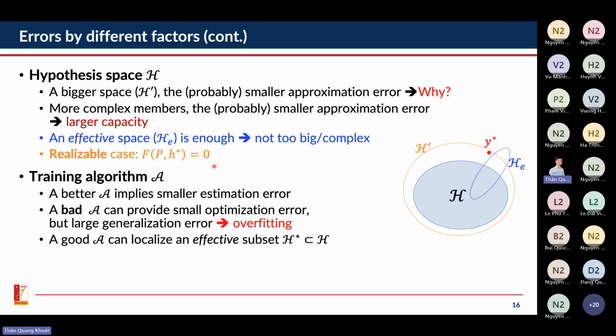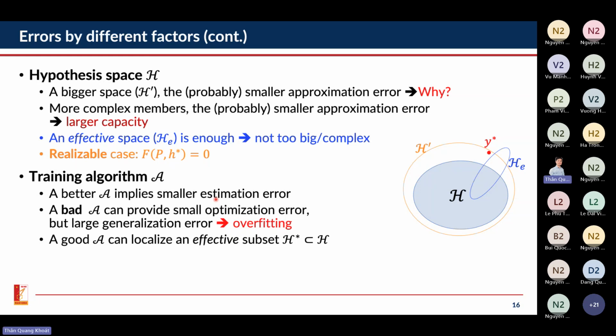Okay. Another source of error can come from the training algorithm, right? From the learner. And of course, you can see this in practice, right? If we have a very good training algorithm, then it can produce smaller estimation error, right?